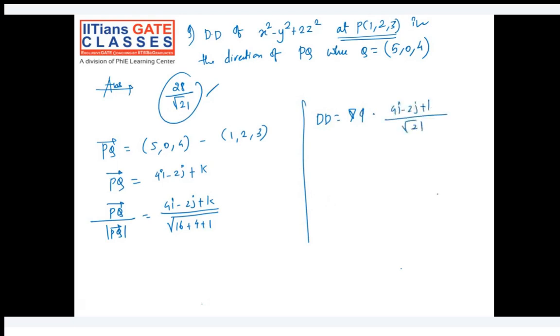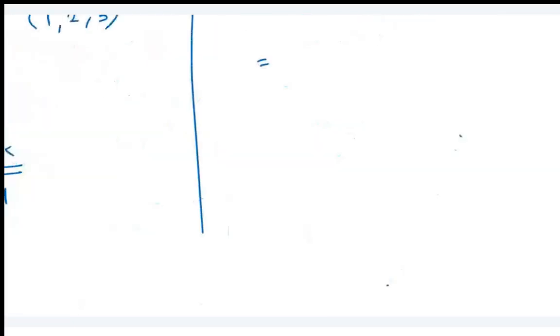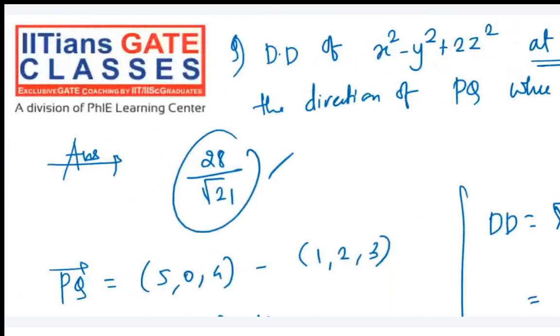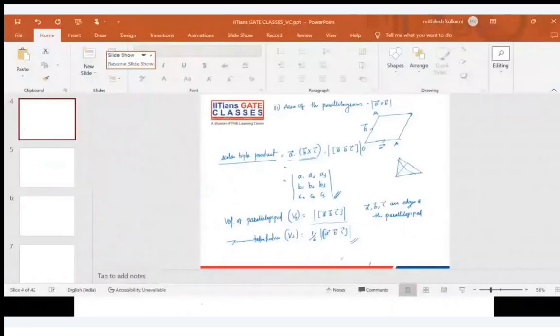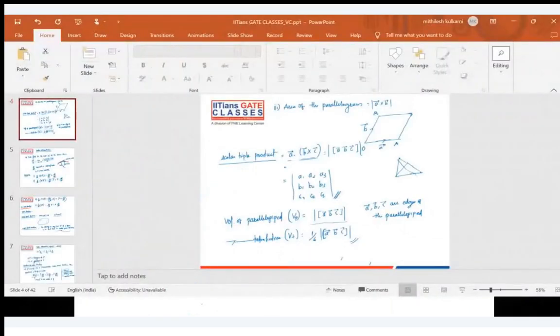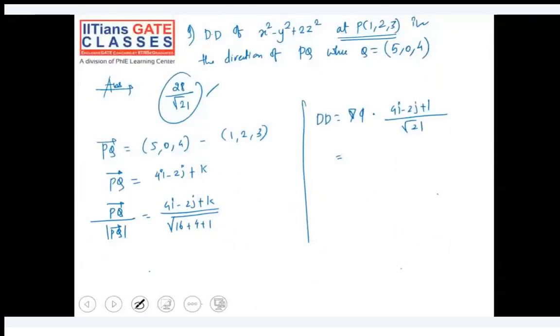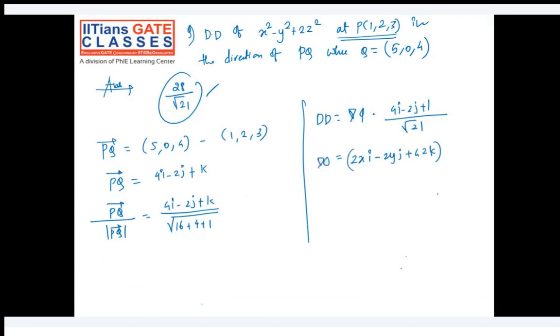What is del of phi? Del of phi is 2xi minus 2yj plus 4zk. But at point 1, 2, 3 its value will be how much?